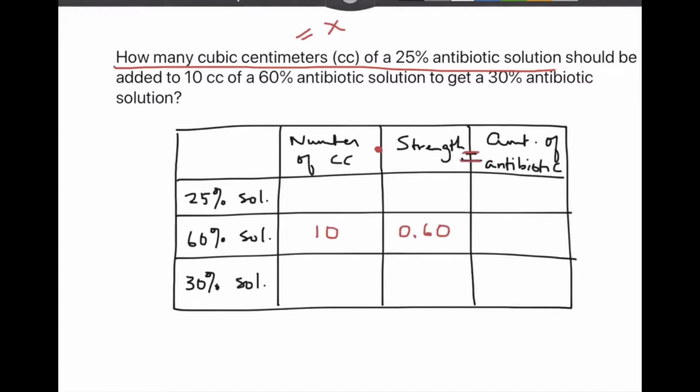That multiplication sign and also that equal sign both carry down throughout the chart. So for example, if we have 10 cc's of a 60% antibiotic solution, that means the amount of pure antibiotic in that solution is 6 cc's, because it's 10 times 0.6.